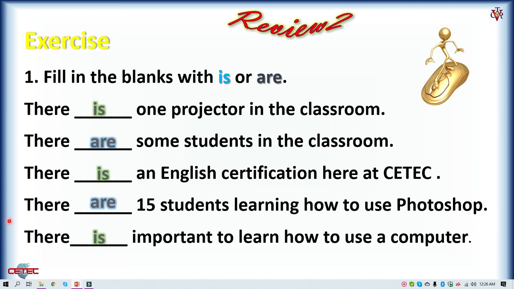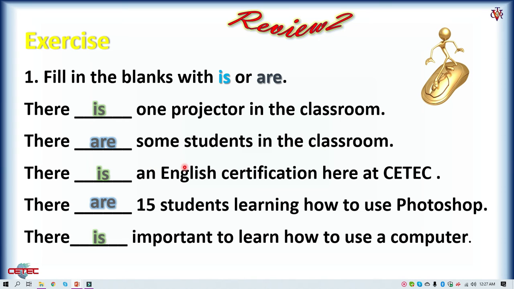So in all the characteristics, the sentence is going to help to recognize if it is singular or plural. One, singular. Projector, singular. Some, plural. Students, more than two, plural.